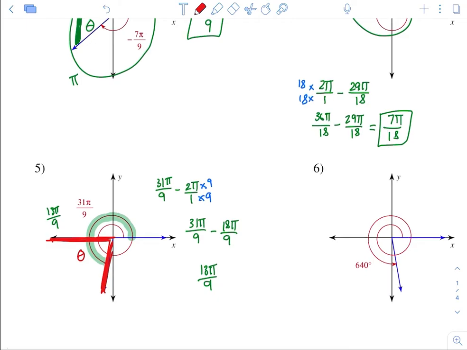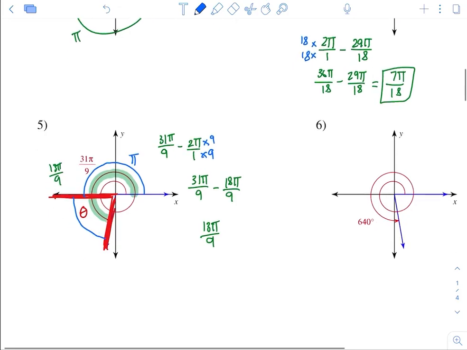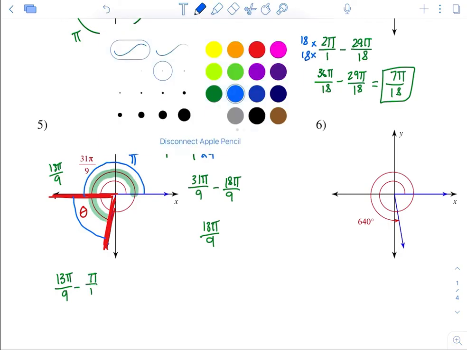So we know this amount is pi, so that means this amount, the leftover, would be 13 pi over 9 subtracted by pi. So we are going to get 13 pi over 9 minus pi over 1, and find a common denominator.